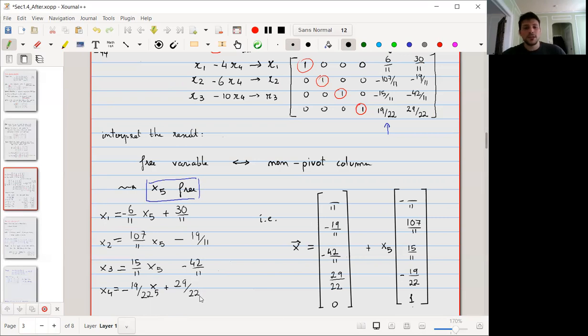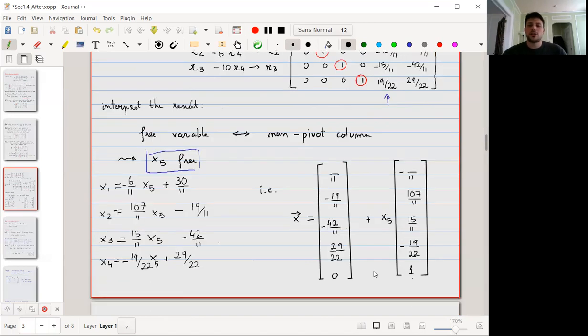If I manipulate these like this, then I can condense this writing into just one expression for the general solution using vectors, where I have a vector of constants, which are the constant terms appearing on this side of the equations, and a vector of coefficients of my x5, which are the numbers appearing here. Okay, that was Gaussian elimination, and that was our first example of it.